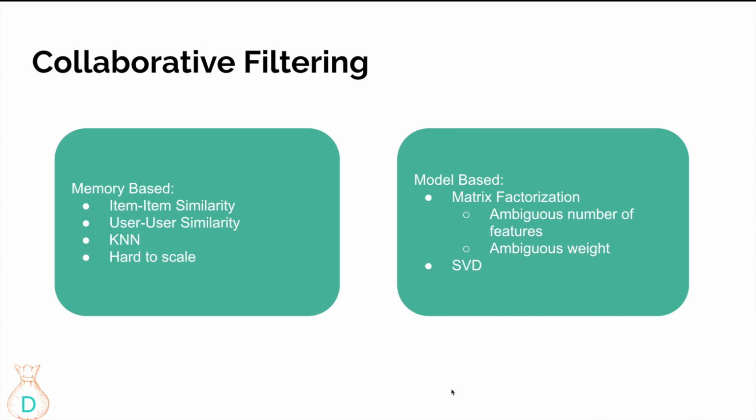You can do matrix factorization, where you have to assign very ambiguous numbers, like the number of features you want to include. You can try 5 or 10 or 15 or even more, but you wouldn't really know which one would be the best unless you actually calculate all the metrics at the end and compare.